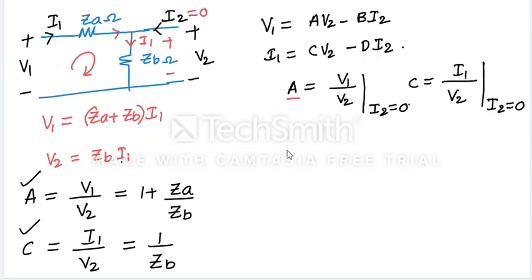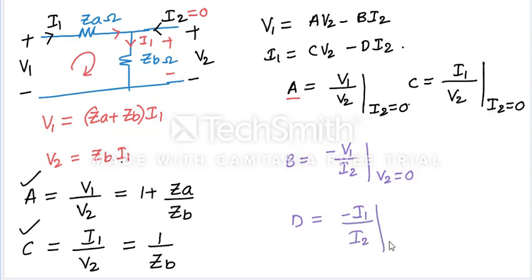How will we get B? B is given as minus V1 by I2 when V2 is equal to 0. Next, D is minus I1 by I2 when V2 is equal to 0.